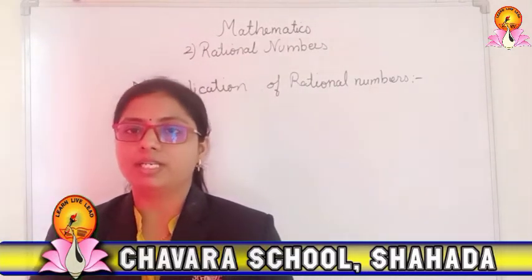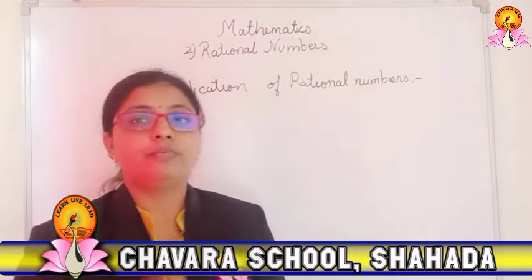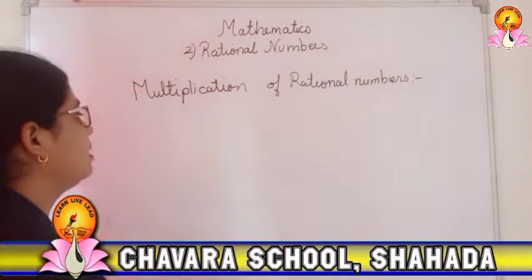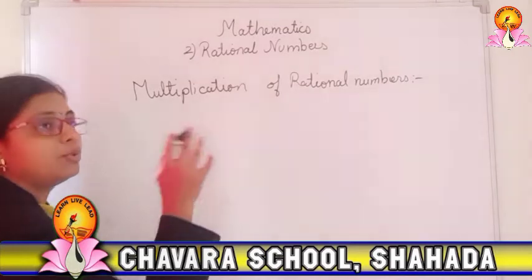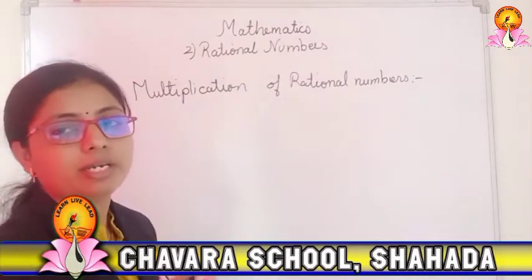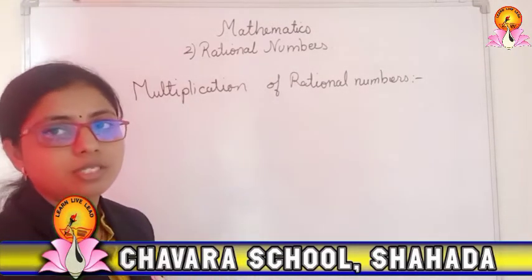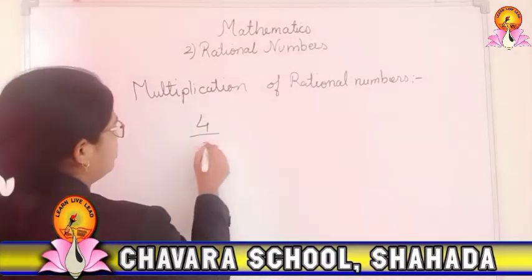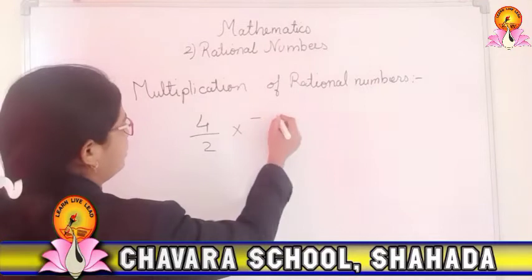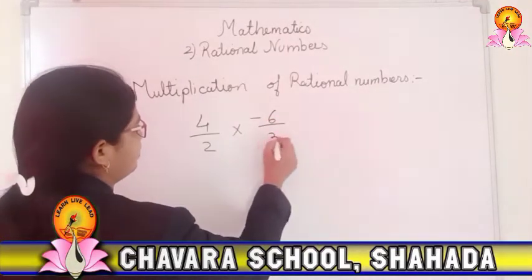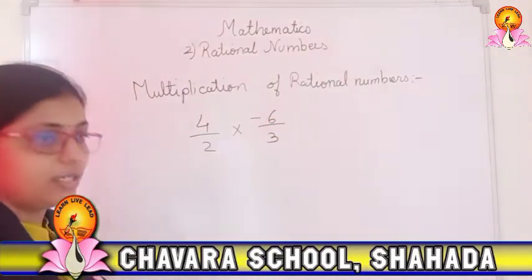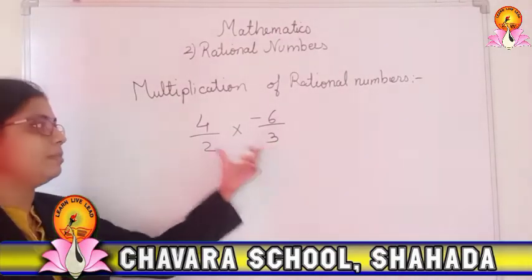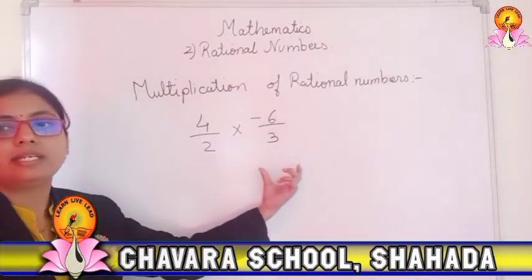Multiplication of rational numbers, in that we can just see the numbers that are given here. No need to see the denominator or numerator, whatever is there, we just have to simplify it. So if the number is 4 upon 2 multiplied by negative 6 upon 3, you can directly multiply numerator and denominator.